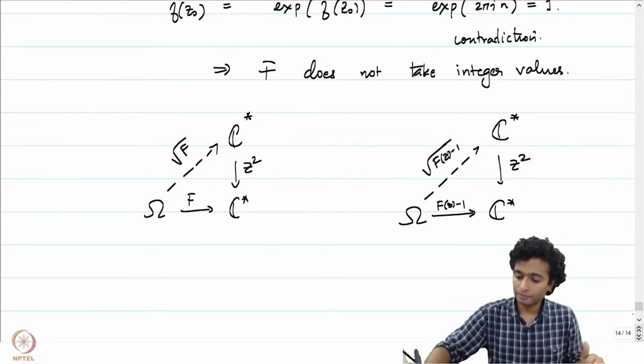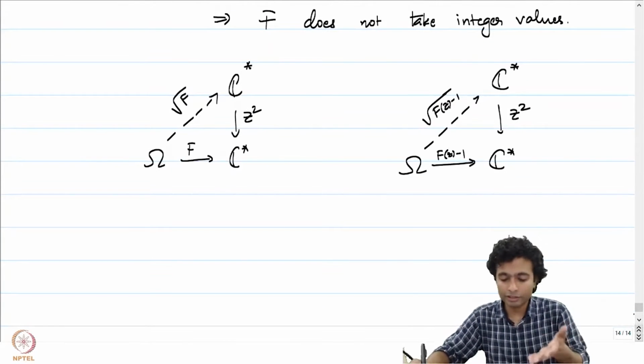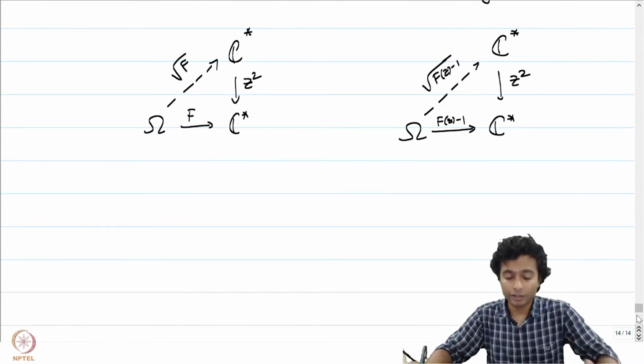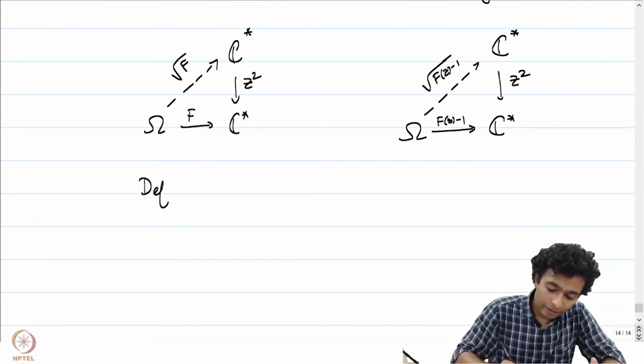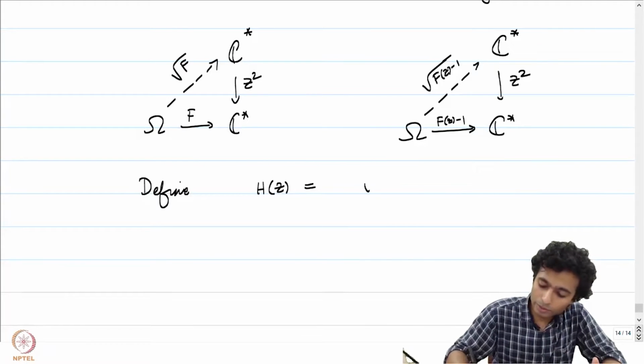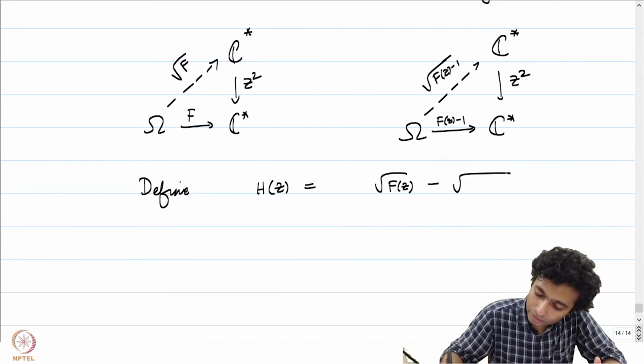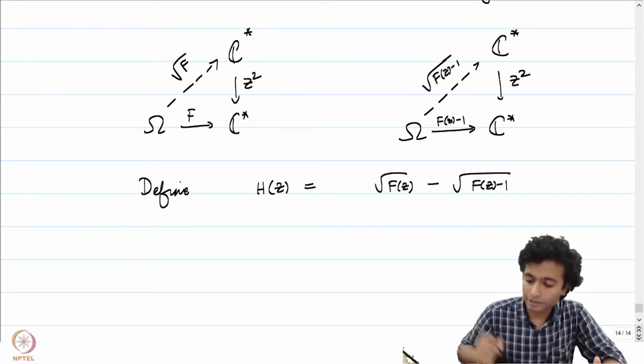We do have now two holomorphic functions, given by square root of F and square root of F minus 1. Let's define the function h of z to be equal to square root of F of z minus square root of F of z minus 1.